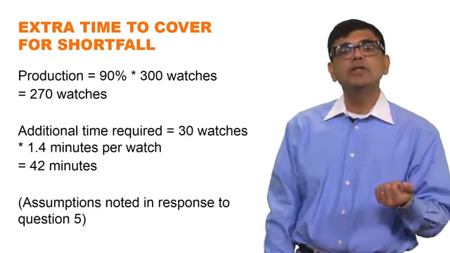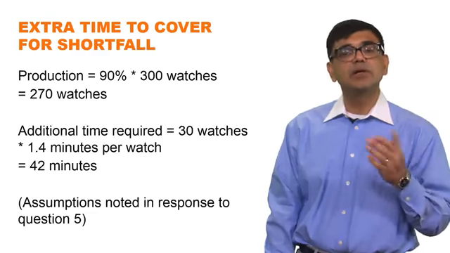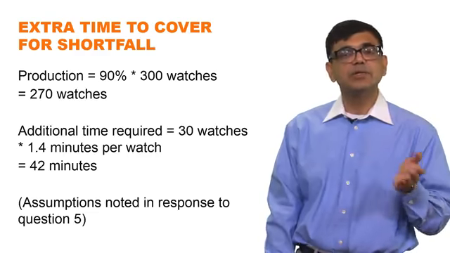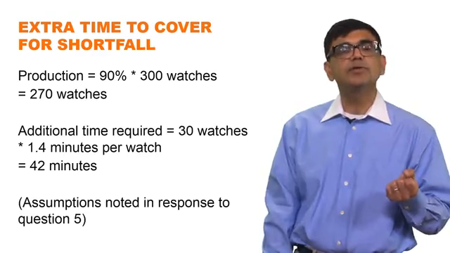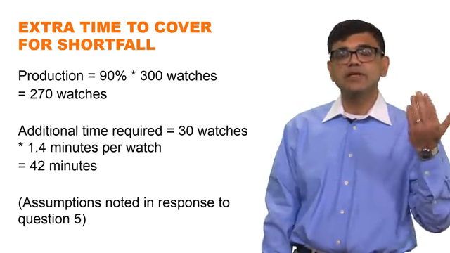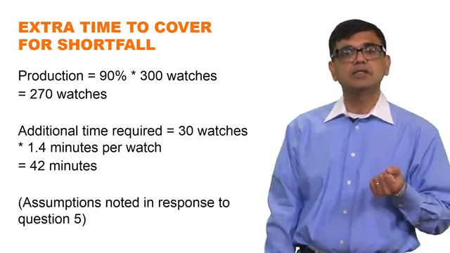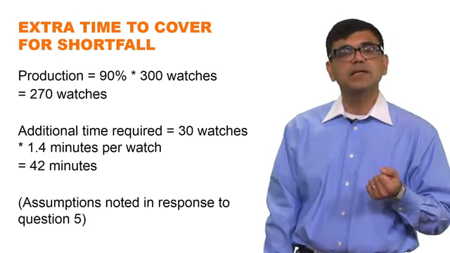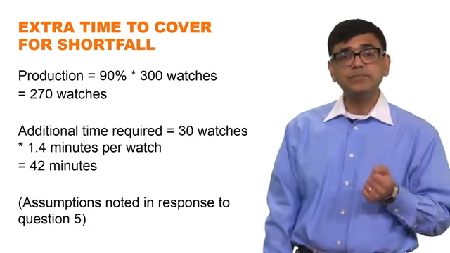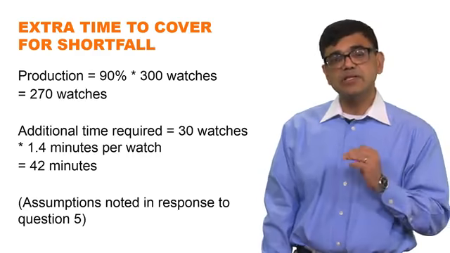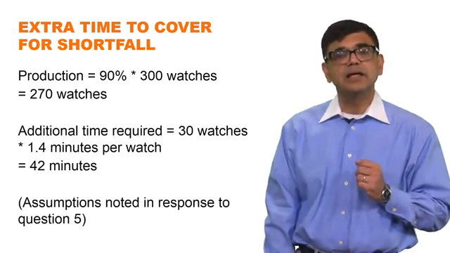You remember there were 5 workstations, so you would have to take the 42 minutes at each of those 5 workstations if you were thinking of the total additional cost in terms of overtime. Now, this needs certain assumptions, and we'll talk about the assumptions later.